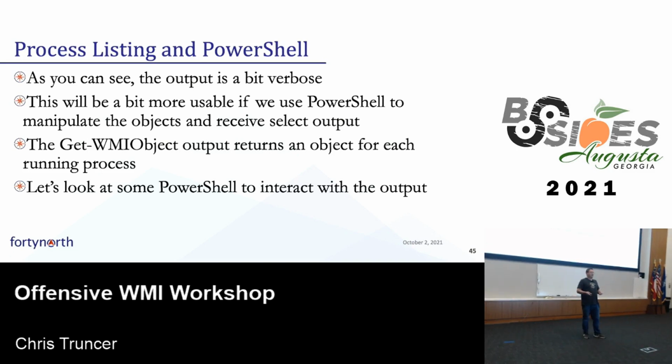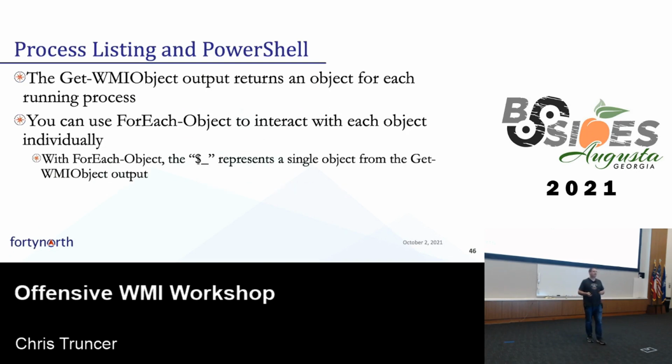Like we mentioned, the Get-WmiObject cmdlet returns an object for each running process, so let's use PowerShell to select only the attributes we care about. There are multiple ways to accomplish this. This is not the only way, so I don't want you to think this is the way. This is one way that you can capture the data you care about.